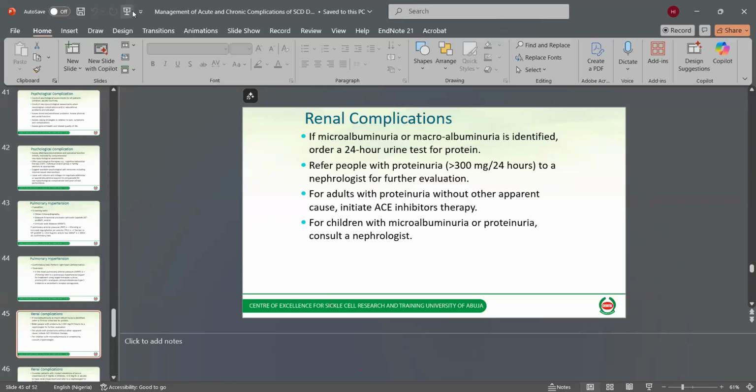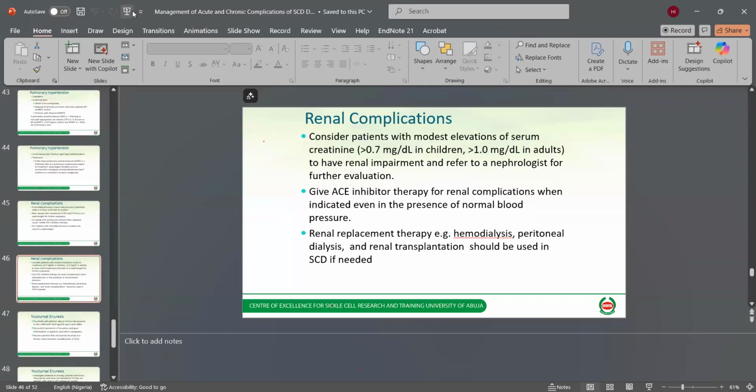For adults with proteinuria without other apparent cause, initiate ACE inhibitor therapy, that is angiotensin converting enzyme inhibitors. For children with microalbuminuria or proteinuria, consult a nephrologist.